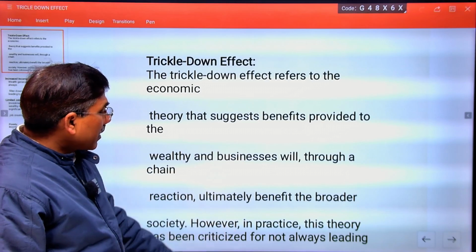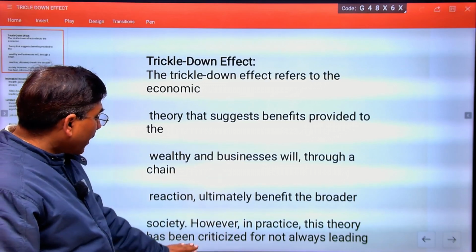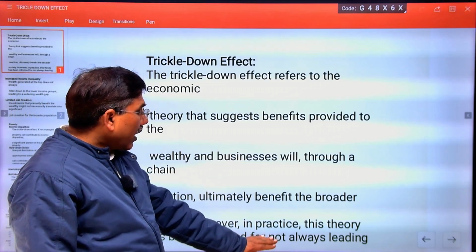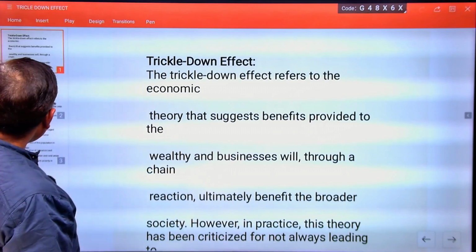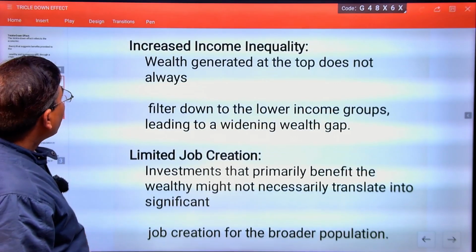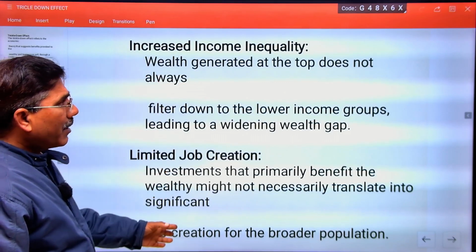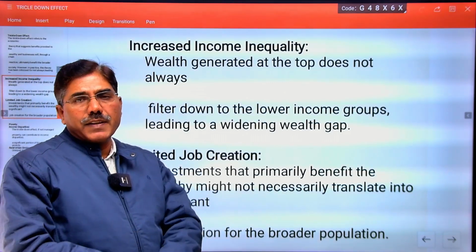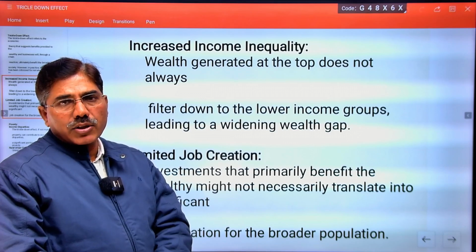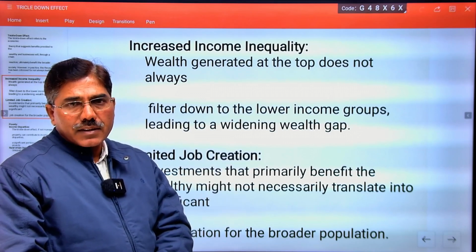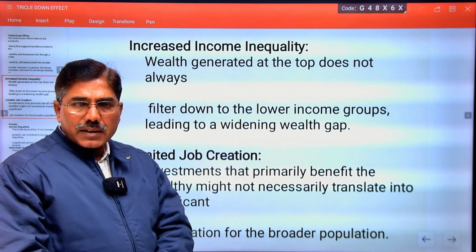However, in practice, this theory has been criticized for not always leading to reduced income inequalities. As I priorly discussed, the maximum benefits of this multiplier theory, or you can say trickle down effect, are eaten away by the upper section.